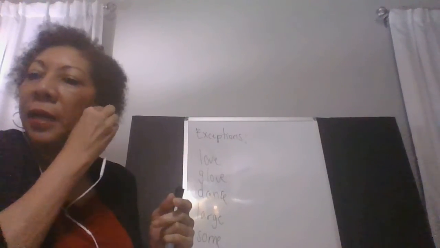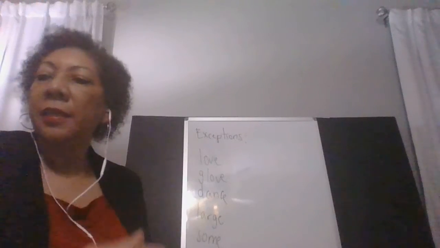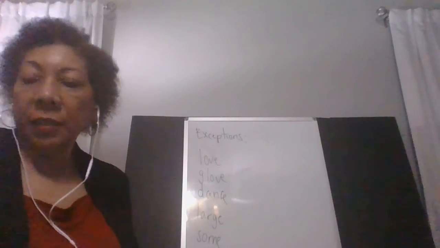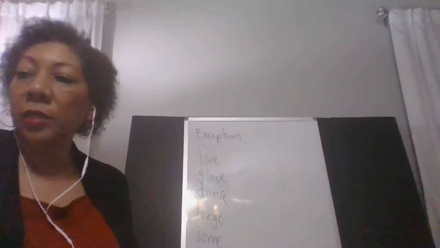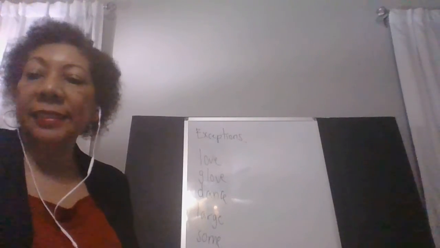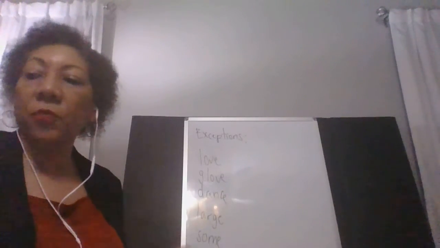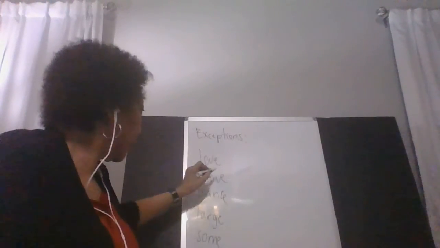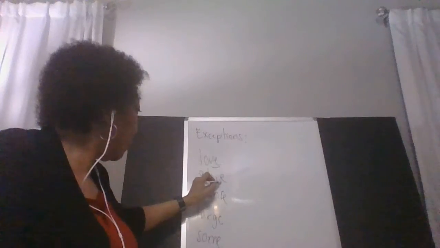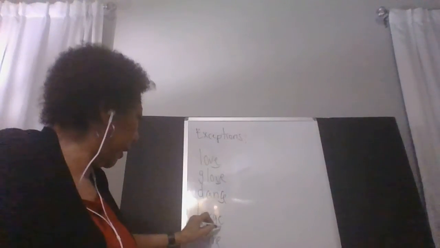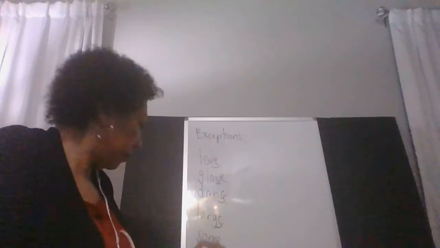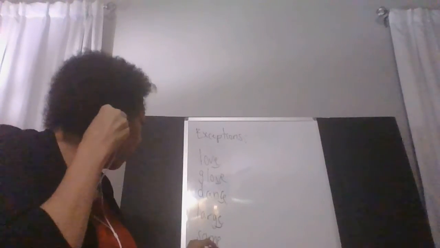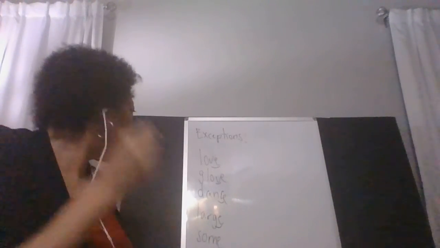Okay, so those words remain short. The vowels are going to remain short only because the E can only move from one letter over to make the vowel say its name.